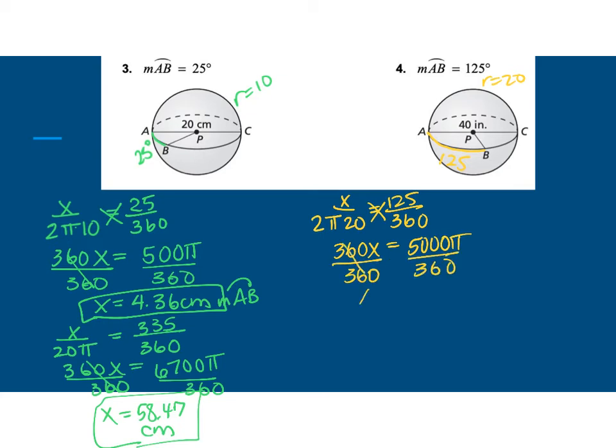And dividing both sides by 360, we'll get about 43.63 inches. That is for the measure of AB.